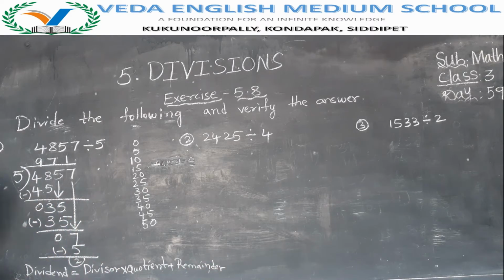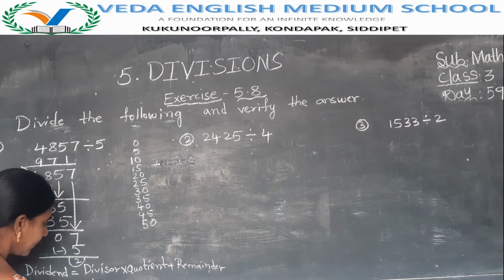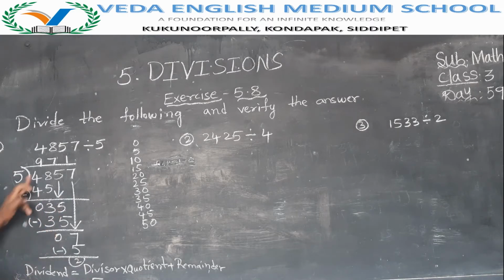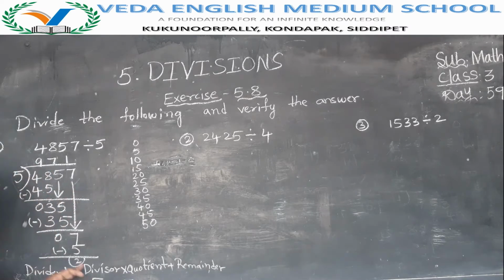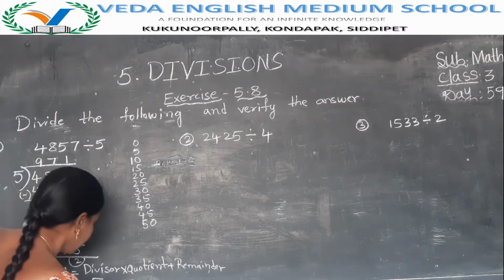In this problem, what is the divisor? 5. The divisor is 5. The quotient is 971 plus the remainder 2.